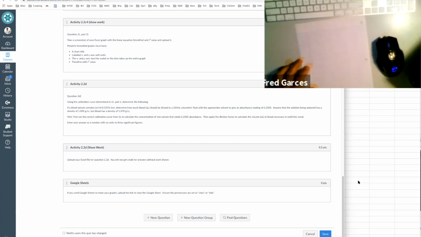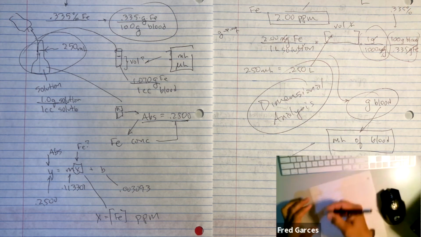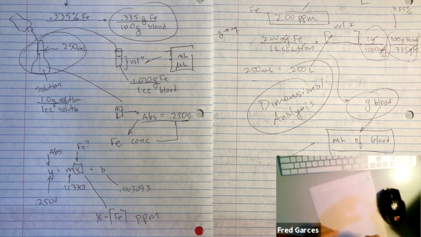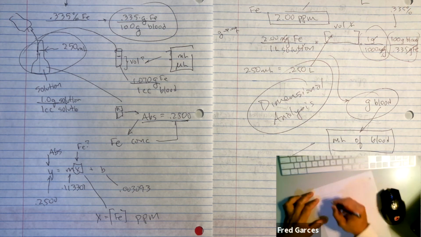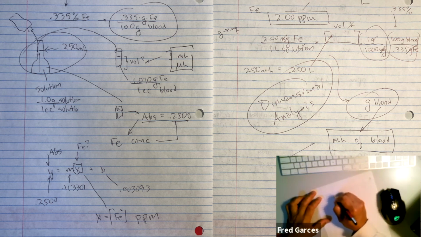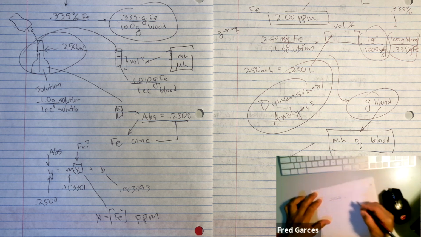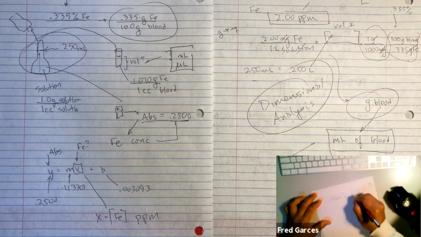Okay. So what I want to show you is how you would work this particular problem via dimensional analysis. First of all, write down the data. You've got 0.335% iron in blood. What does that mean? It means that you have 0.335 grams of iron in 100 grams of blood.